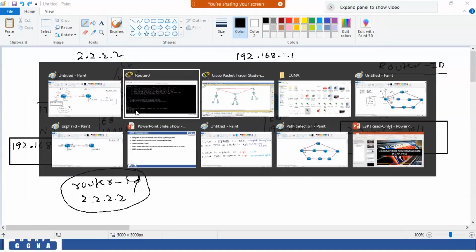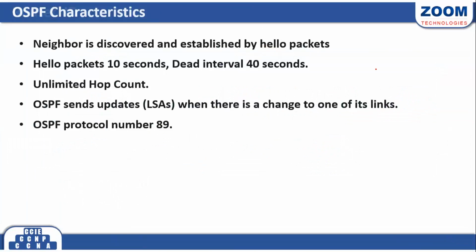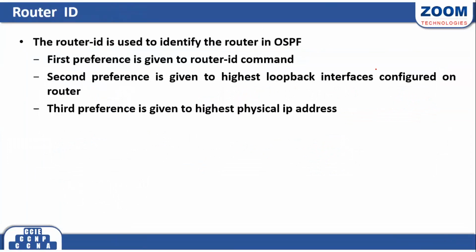So this is all about the router ID. The router ID is used to identify the router in OSPF. First preference is given to the router ID command. If the router ID command is not configured, then second preference goes to the highest loopback interface configured on the router. If loopbacks are not configured, the highest physical IP address.